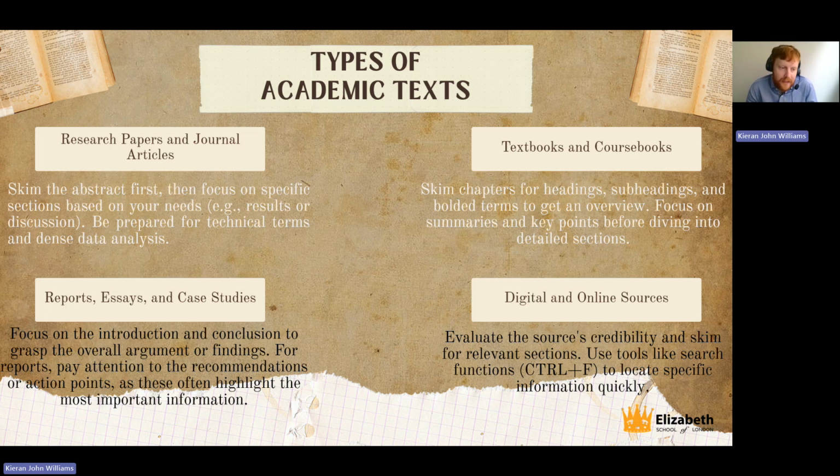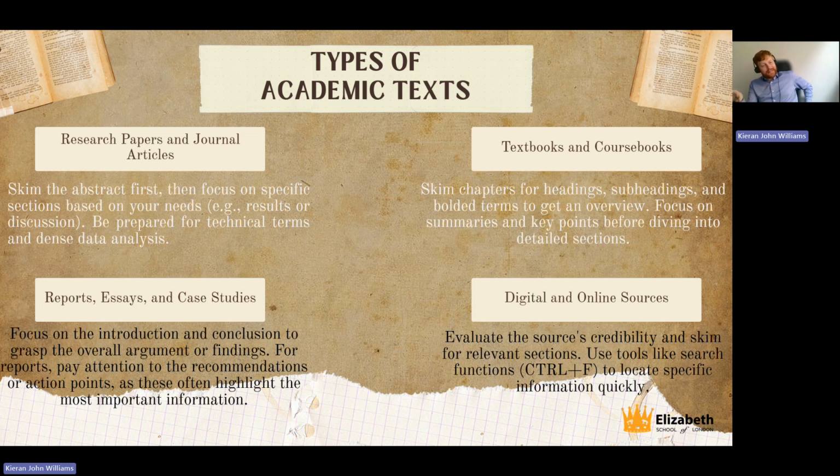Going into the bottom left, we can see that there are reports, essays, and case studies. Again, you're never completely sure if this is relevant to what you're looking to understand. So make sure you read the introduction first and read the conclusion just to get the general overall ideas.